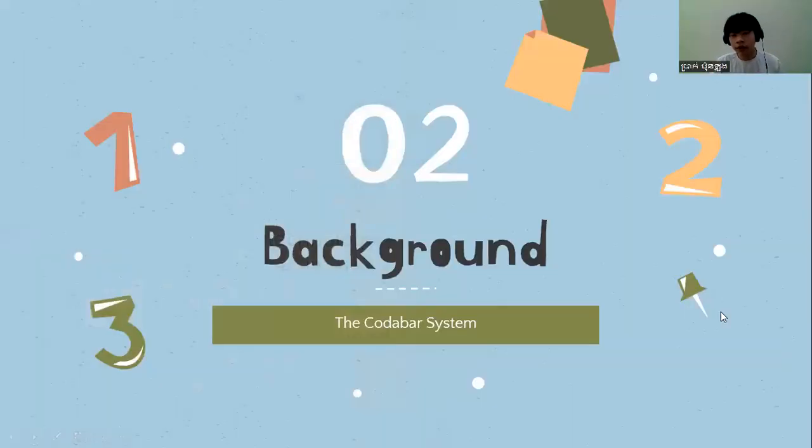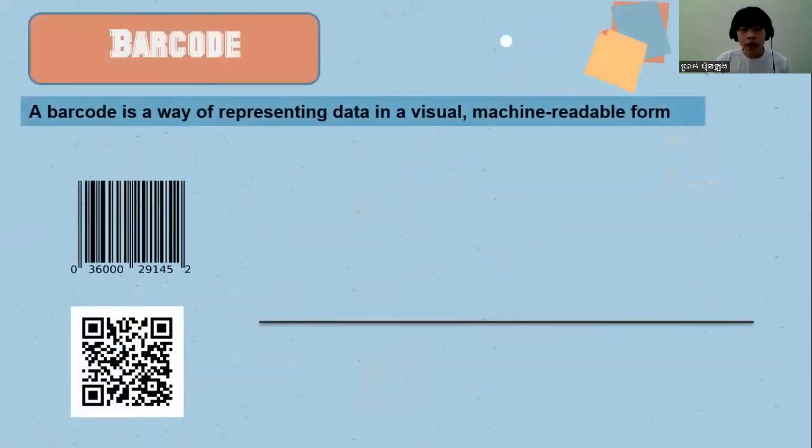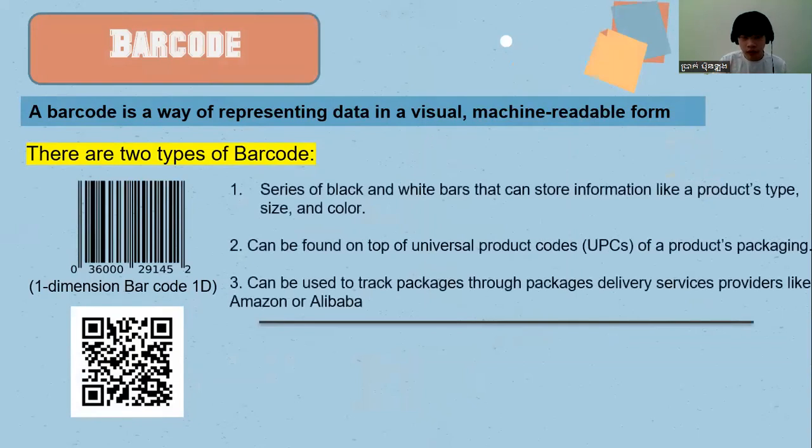The second one is the background. The barcode. A barcode is a way to represent data in a machine-readable form. There are 2 types of barcode. The first one is the one-dimension barcode, also known as 1D barcode.